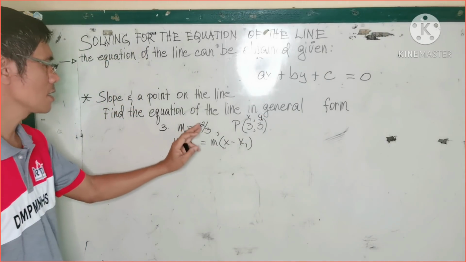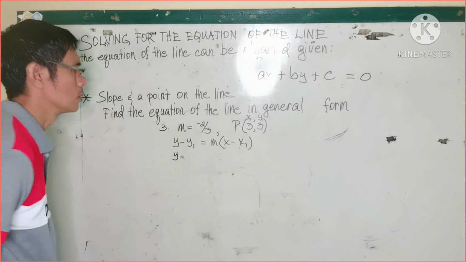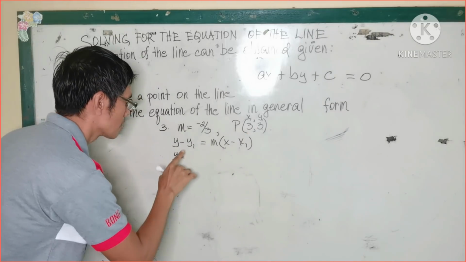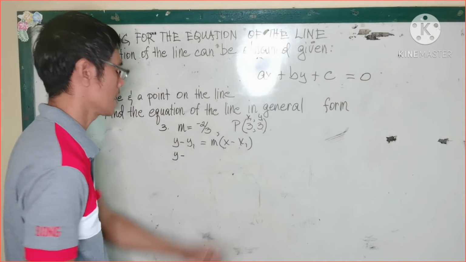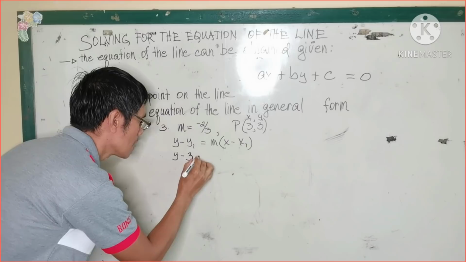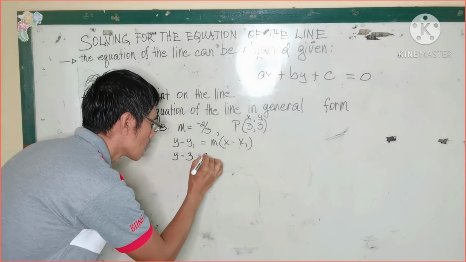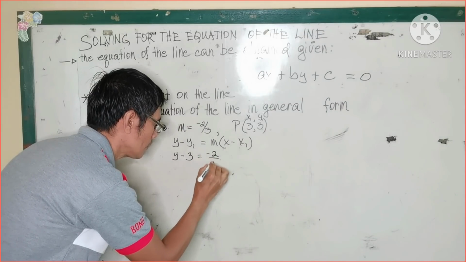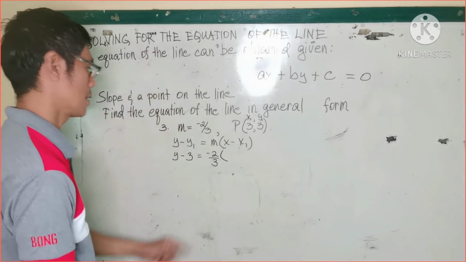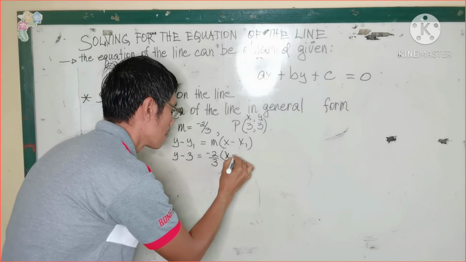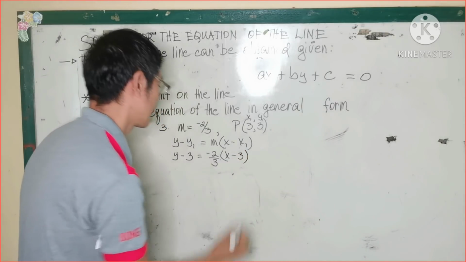So substituting these three values, we have y minus our y sub 1, which is 3, equals our m, negative 2 over 3, times the quantity x minus x sub 1, our x sub 1 is also 3.